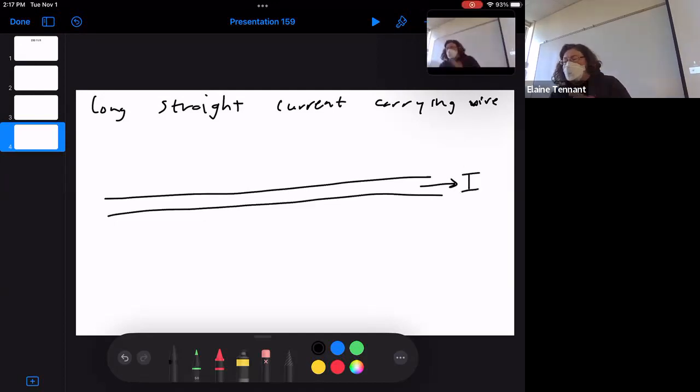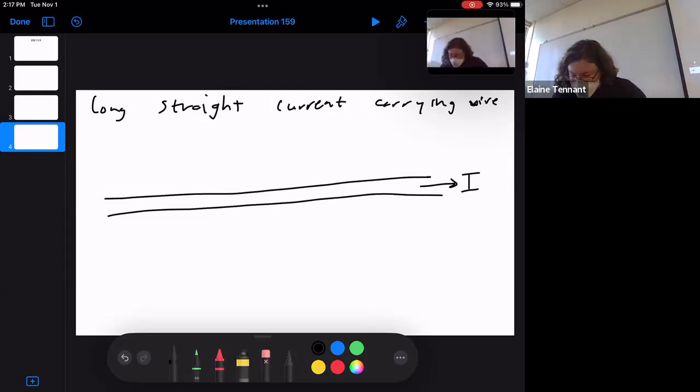The thing with Ampere's law is you have to have some idea of what the magnetic field would look like. Just like with Gauss's law, you had to have an idea of what the electric field should look like, otherwise you wouldn't be able to choose a shape well. I need to know how this magnetic field should look, so I can choose a loop that's just going to lay on top of my magnetic field.